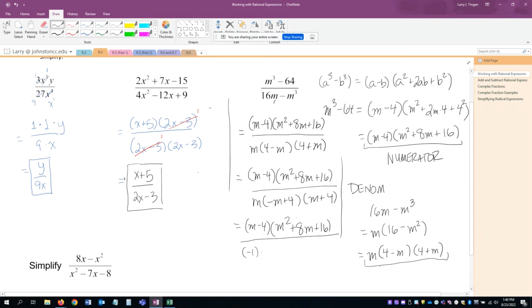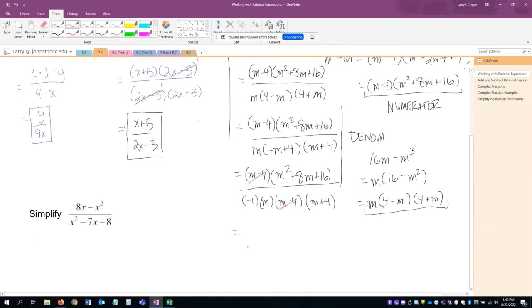So I've got the negative 1 that I factored out times m minus 4 times m plus 4. Good. And now we can divide the m minus 4s away. Those leave 1s.